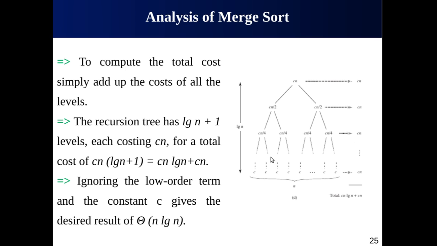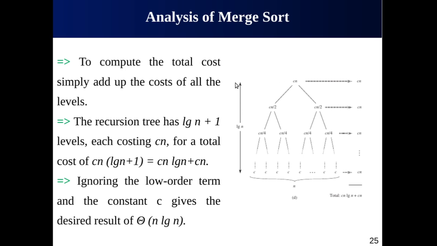In general, the level i below the top has 2 raised to the power i nodes, each contributing a cost of Cn divided by 2^i, which will give you Cn, a general term at each level. This is level 0, level 1, level 2 up to level n. So at each level the cost is constant, that is Cn.